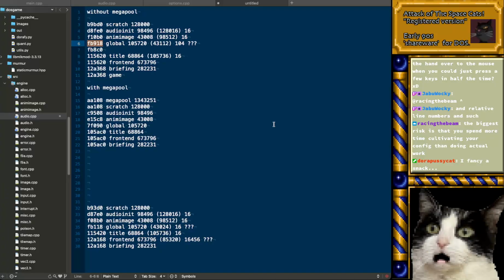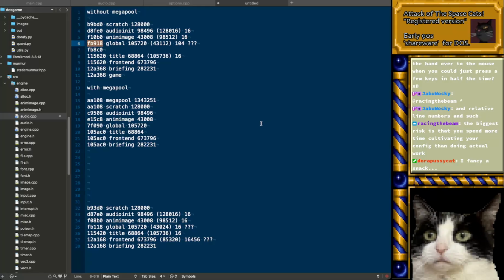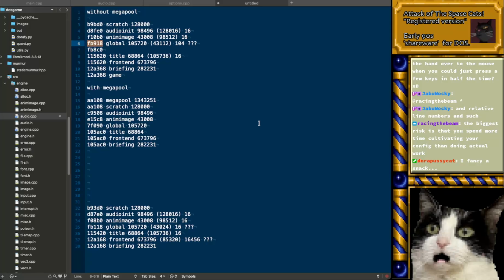Oh, why are these numbers all different? No, really, why are these numbers all different? How can everything in memory have moved? That doesn't make any sense. Well, I guess we'll write them all down and just see what we're up to.